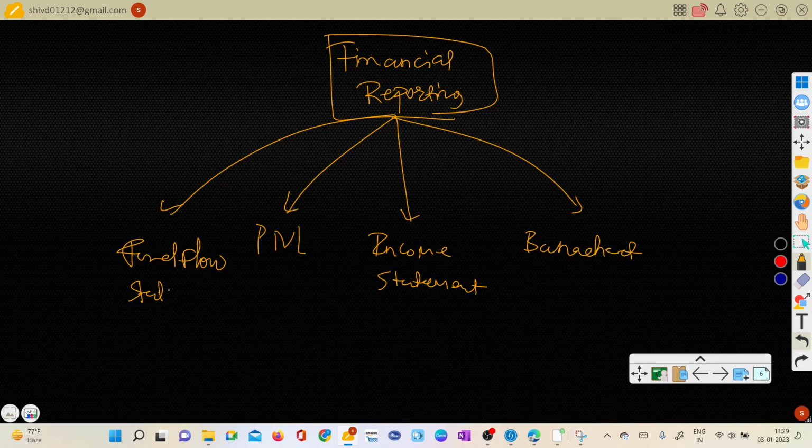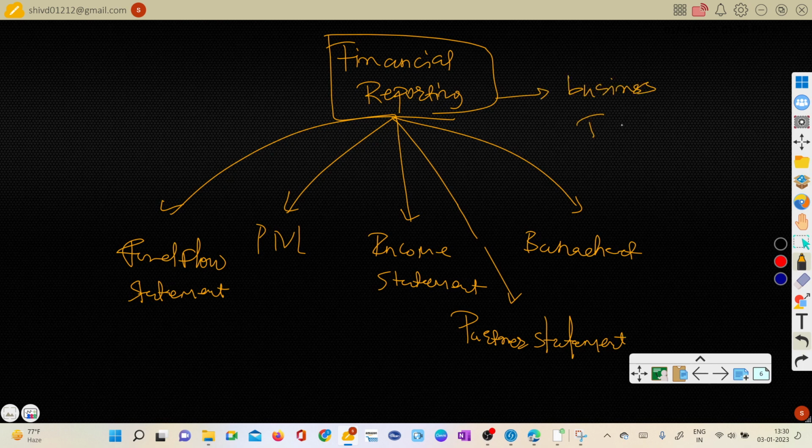So there are a number of statements which we prepare under financial reporting activities, and that's the difference, guys. It is to know the business finances. That's what we prepare.